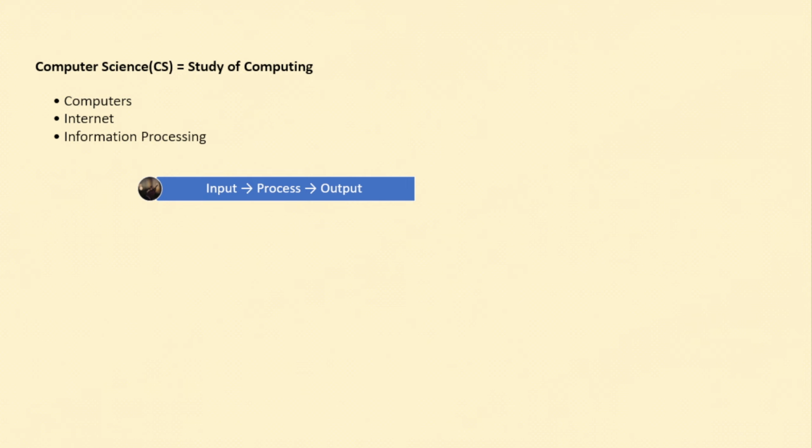And then you get your output. So when you type on your keyboard, it will process what you type and then displays it as an output on your screen, right? That's basically computing in its simplest form.